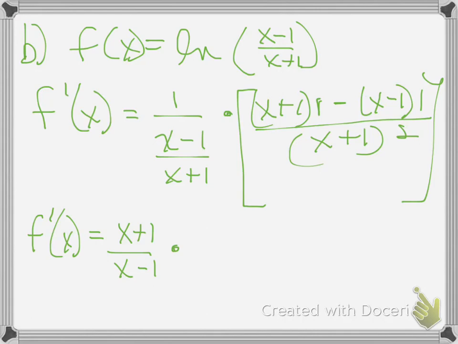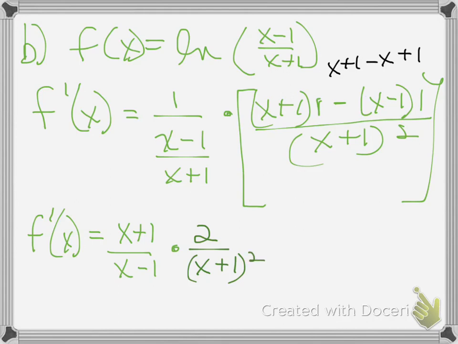So this is going to be x plus 1 minus x plus another 1. So it looks like that becomes only a 2 in the numerator. So this is times 2 in my numerator, and then I have (x plus 1) squared in my denominator.